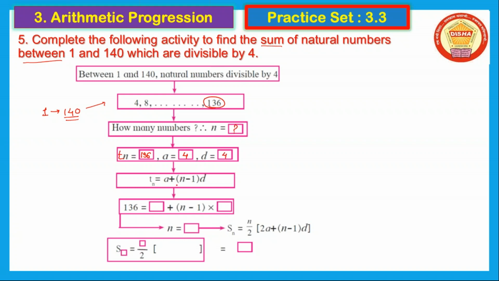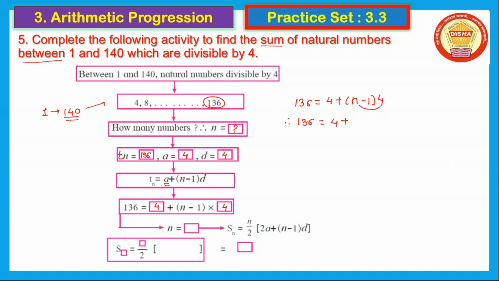Then we use the formula tn: last term 136 is equal to a plus n minus 1 into d, that is 4 plus n minus 1 into 4. We solve this bracket to find the value of n.